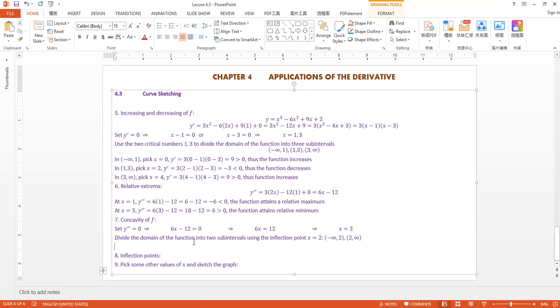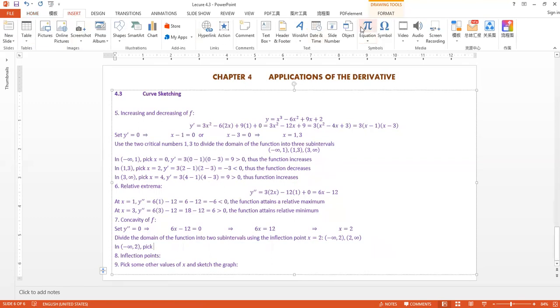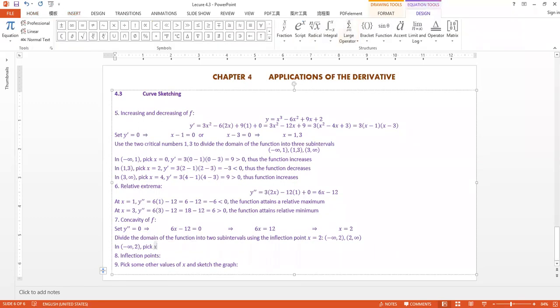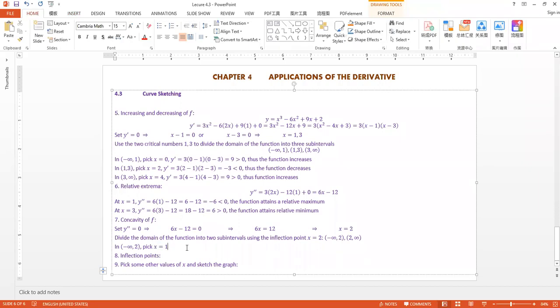So let's do that in the subinterval from negative infinity to 2. We can pick x equal to 1, for example. So 1 is less than 2.